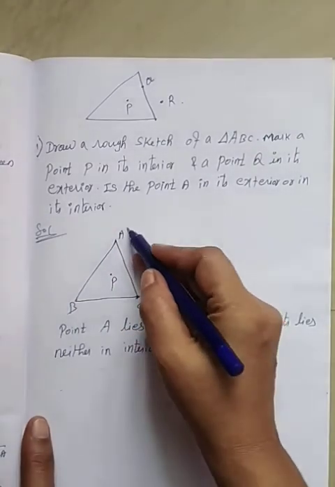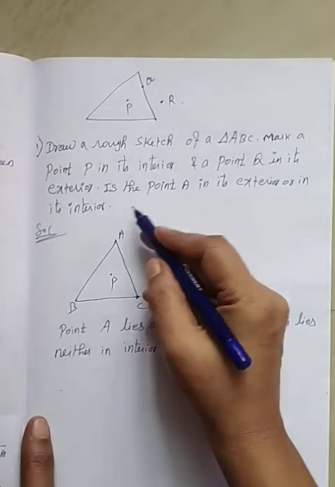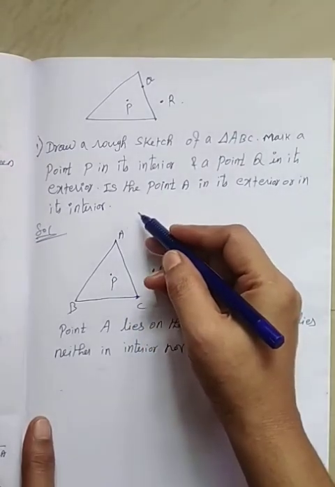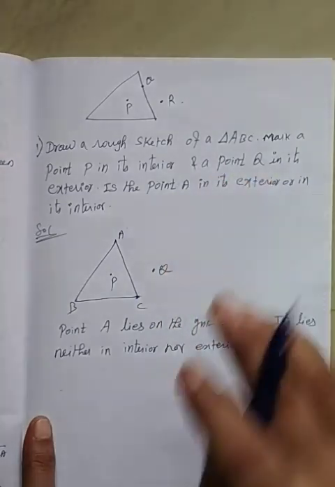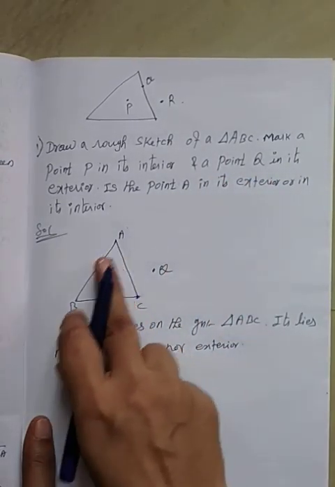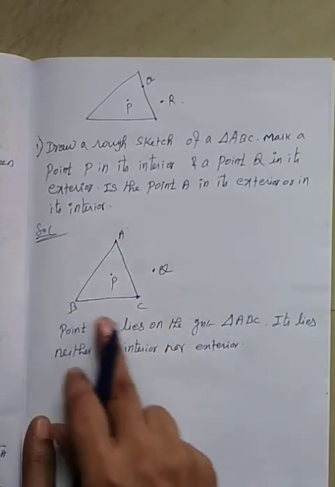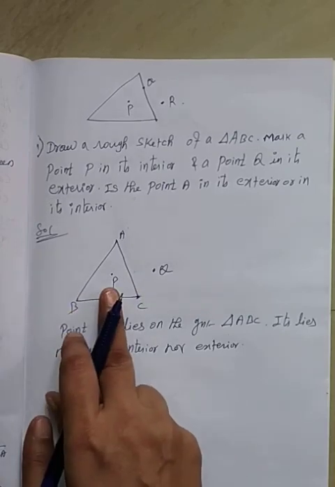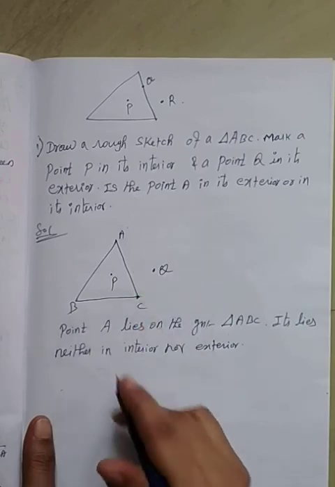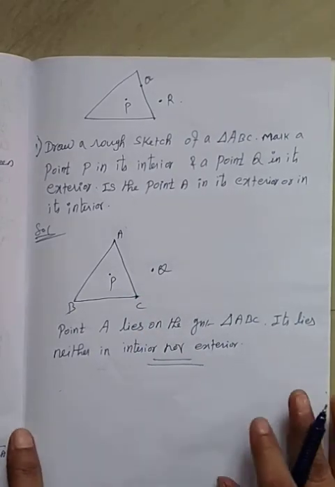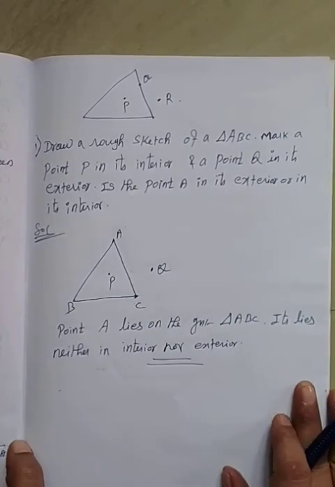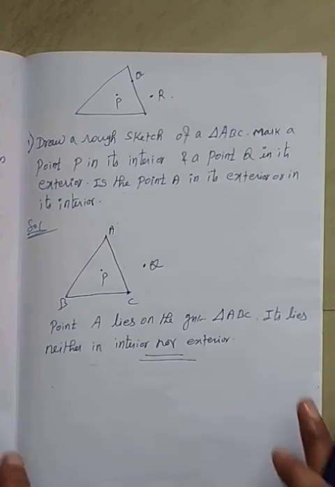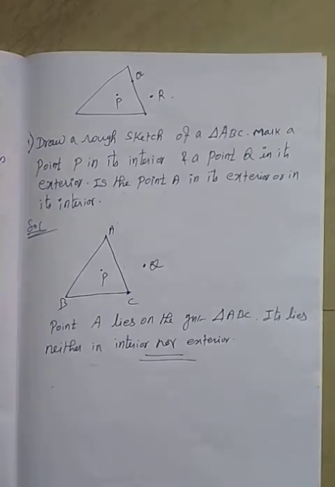Is A interior? No. Is A exterior? No. So, we can say that it is neither interior nor exterior. So, the point A lies on the given triangle ABC. Everybody clear? Okay, this problem is very easy. Clear? Thank you.